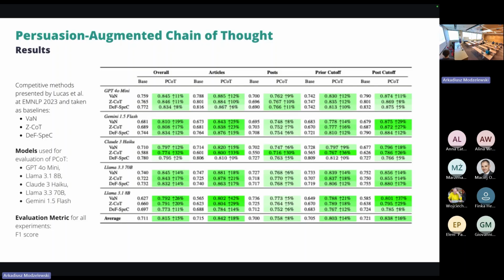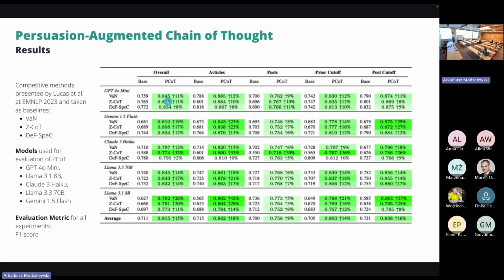And how to read this table? For example, here we have GPT-4o mini, so evaluations with the GPT-4o mini model, and one method from the mentioned paper from EMNLP. As a base, we have an F1 score here, so it's just for one method. And then we enhanced this one method to persuasion augmented chain of thought.